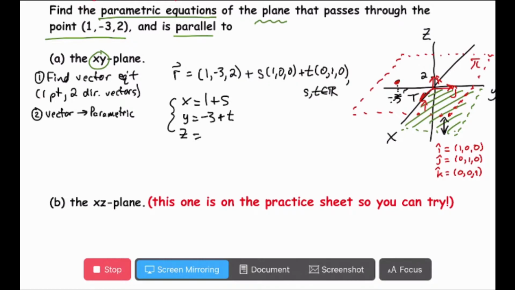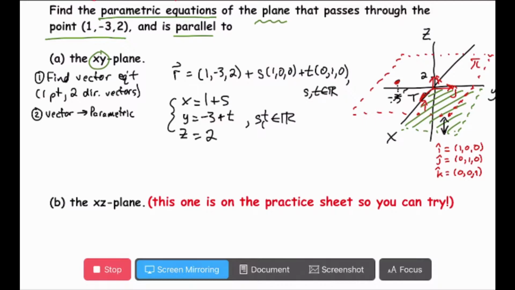And z is equal to 2 plus 0s plus 0t. So z equals 2. And let's also define our parameters here before we move on and forget. s and t are elements of the real numbers.